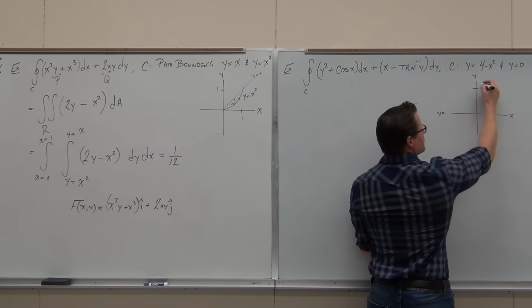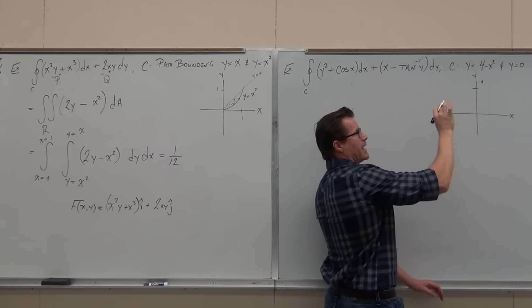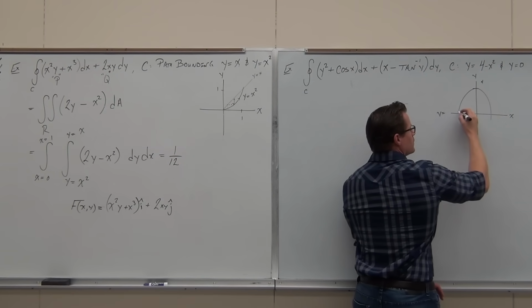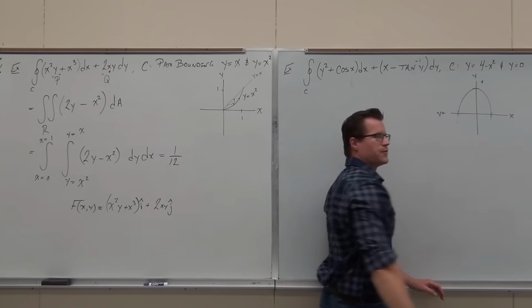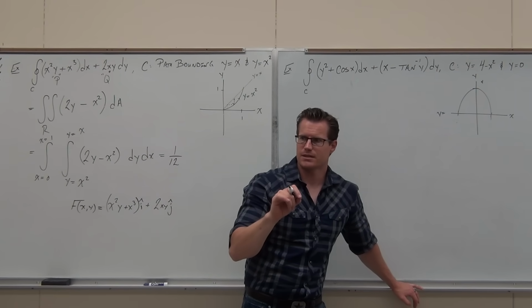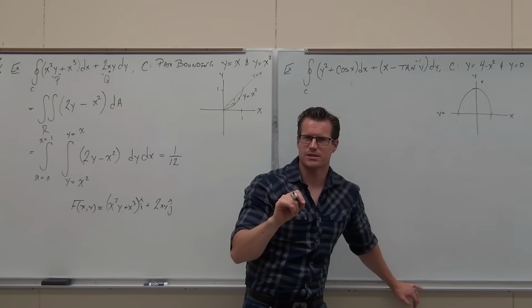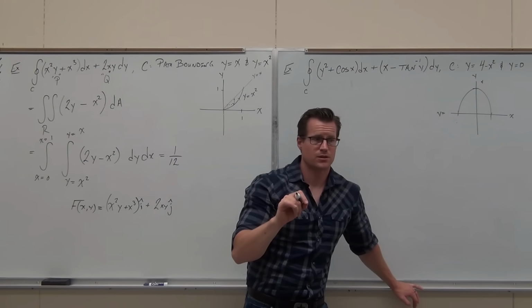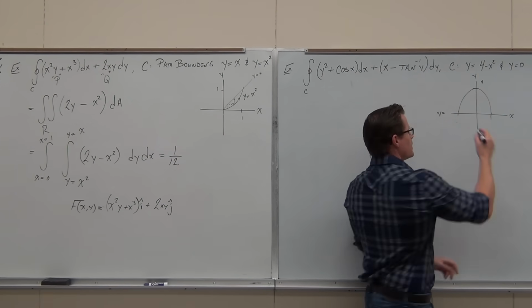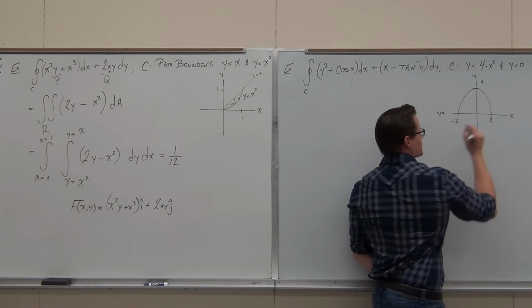This is a parabola that has a y-intercept of 4, opening downward. Do you know, or could you find where that intersects the x-axis? Yes. Where's it intersect the x-axis? Good, because if you set these equal to each other, we find the intersection. This is -2 and +2 on the x-axis.